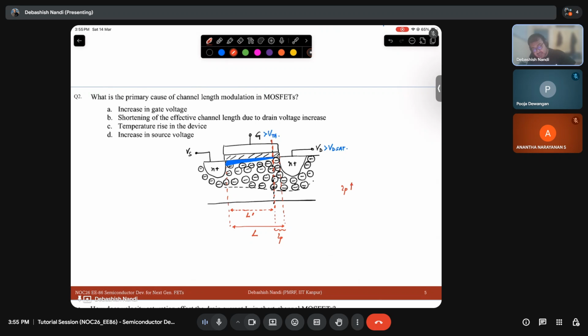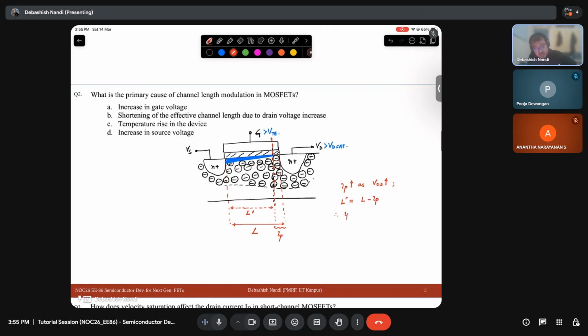LP increases as VDS increases, so that reduces. So L dash is equal to L minus LP, right? So if LP increases, your L dash decreases, that effectively increases your IDS.